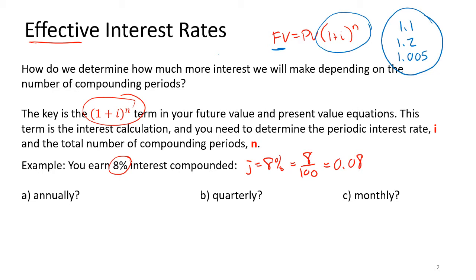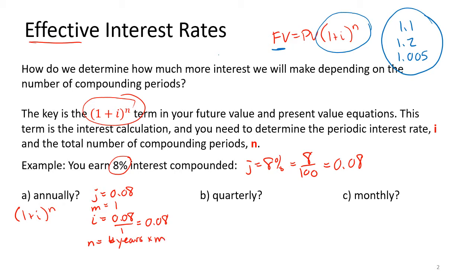So if it's compounded annually, we're looking at the 1 plus i to the exponent n term. j is 0.08. m is just 1 because it's compounded annually. So your periodic interest rate is 0.08 divided by 1, which is equal to 0.08. Your number of compounding periods, n, is equal to the number of years multiplied by the number of compounding periods per year.